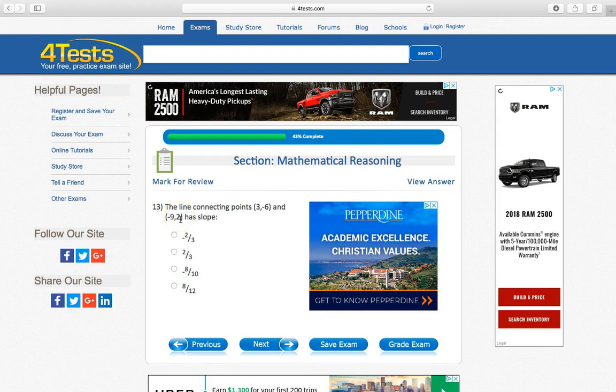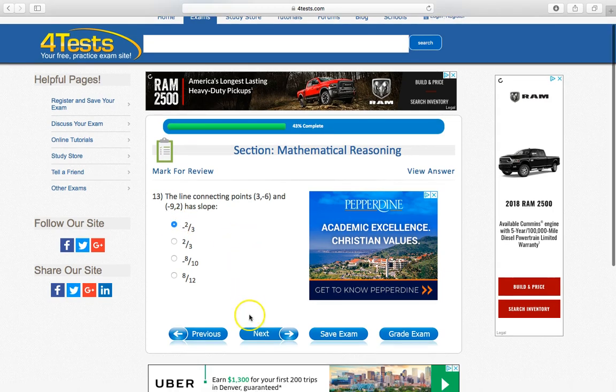So in our formula we'll go 2 minus negative 6, which is really 2 plus 6 because we've got two negatives there, divided by negative 9 minus 3. That equals 8 divided by negative 12, which we can reduce down to negative 2/3. So that is the answer there.